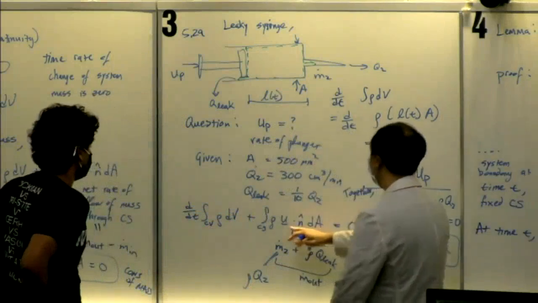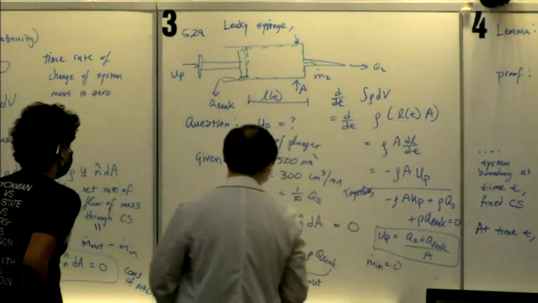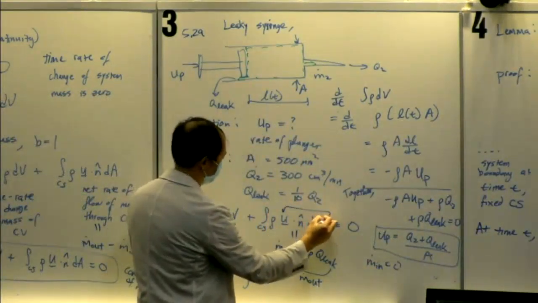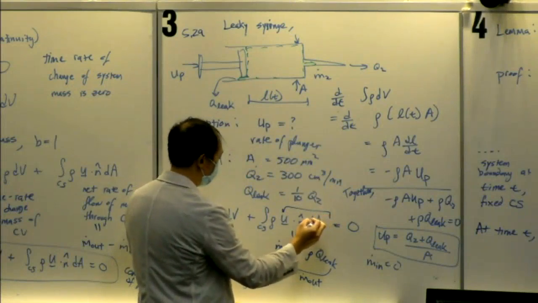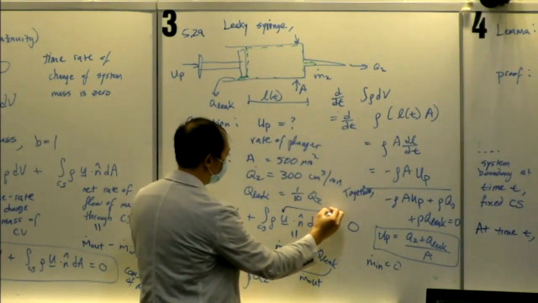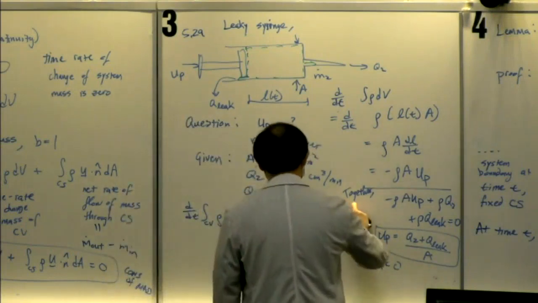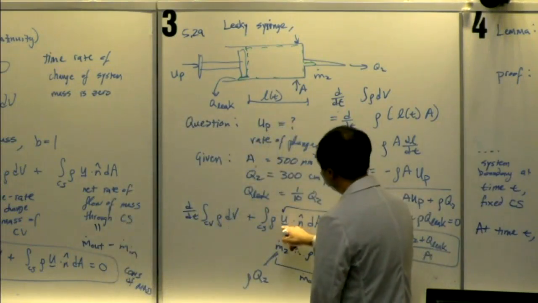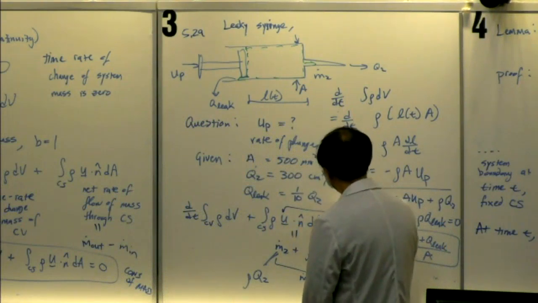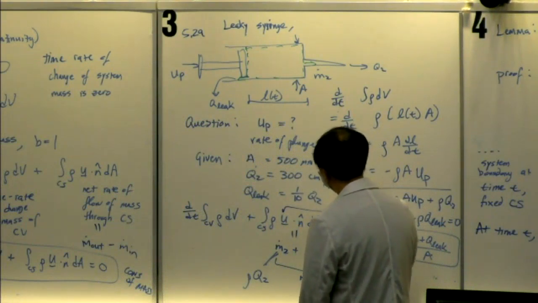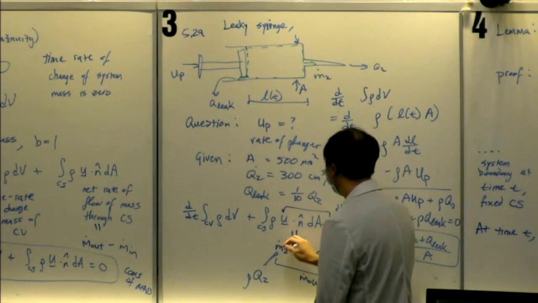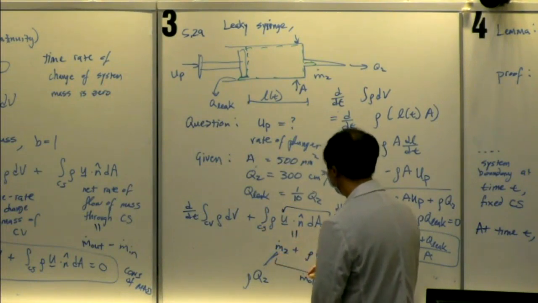Okay. So physically, what are these units? This is V dot, and so rho V dot is, well, this whole thing is m dot, because the u times n gives you dV dt, but this whole integral means the net m dot. So m dot out minus m dot in.